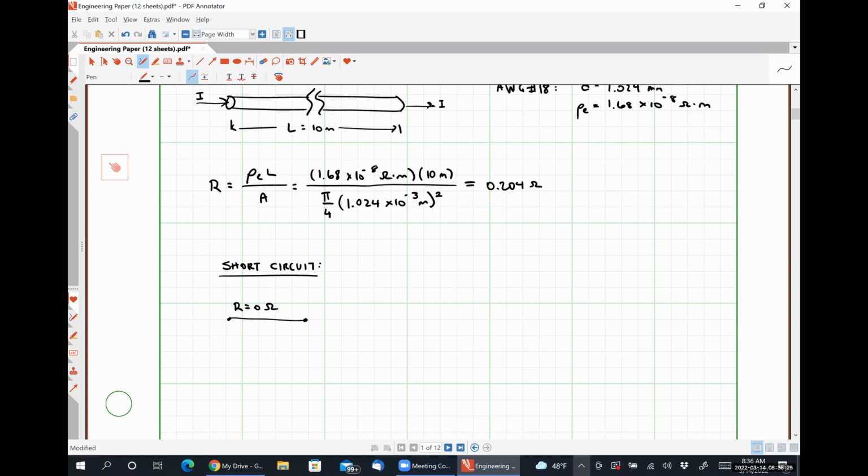And since the resistance is 0 ohms, that means the voltage drop across it must fundamentally be 0 volts. Okay. So I will repeat myself. A short circuit or a section of wire has a resistance of 0 ohms and must have a voltage drop of 0 volts across it.